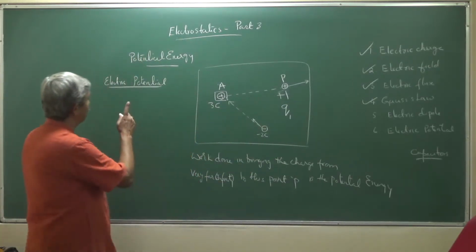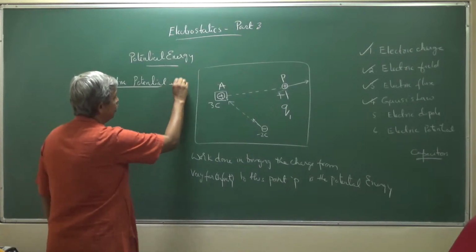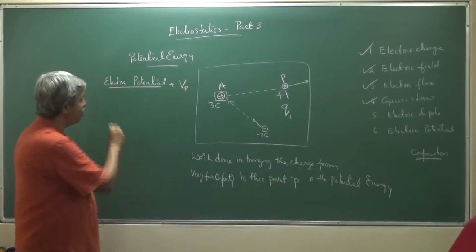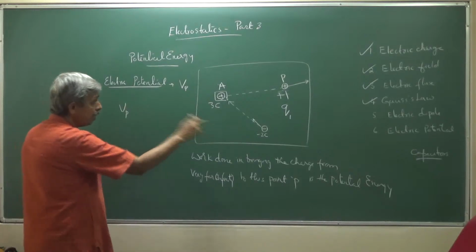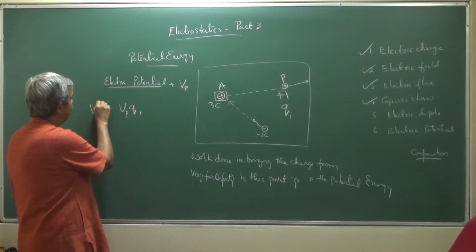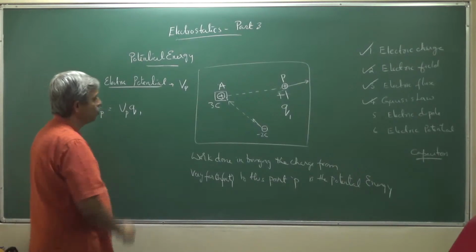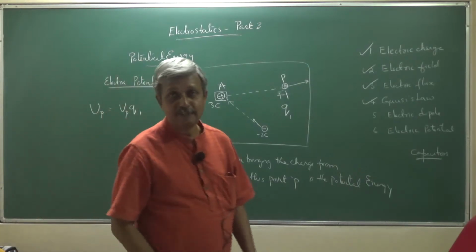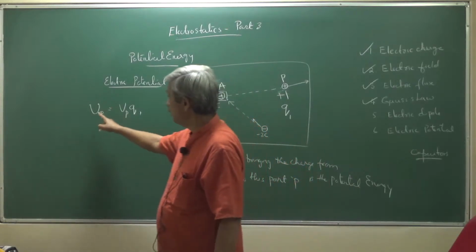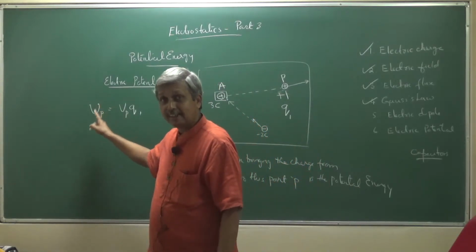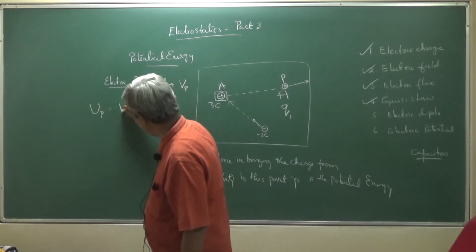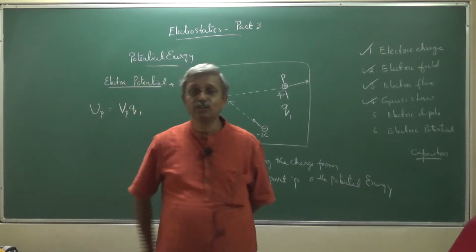Then if you know for 1, I will call the electric potential V, V at point P. So V at point P into that Q1 gives you the electric potential energy, U at point P. So look at some of the words that we use. This is electric potential energy, this is potential energy. This is potential. Potential is V. Potential energy is U.